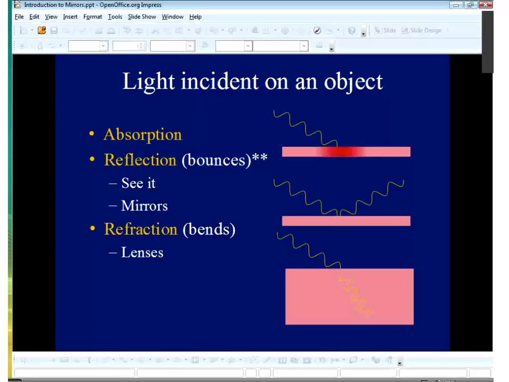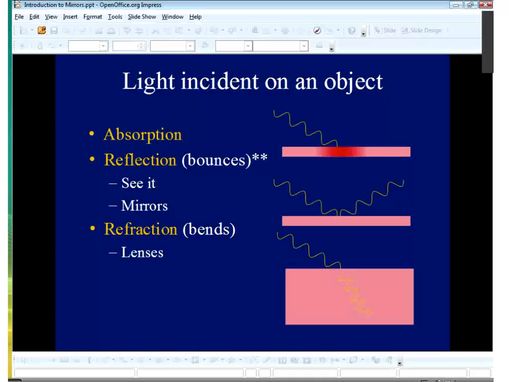So bending is a usual association with refraction, but if we look at all the three, then all the three are present. In most cases, all three phenomena are present.